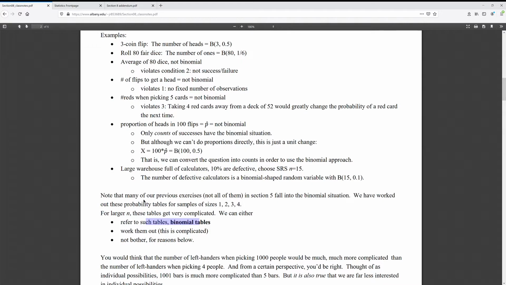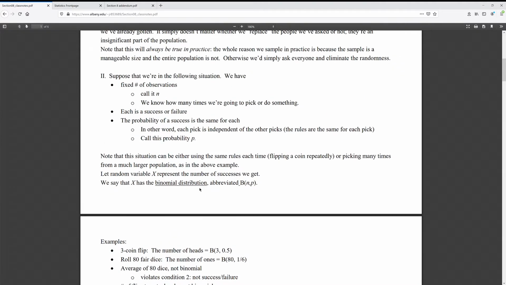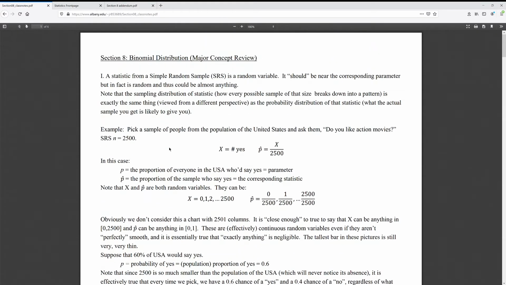So in the end, although the example we've been following here is picking a sample of people from the population of the United States, pick 2,500 people, simple random sample, and ask them whether they like action movies. Well, try 2,500 factorial on your calculator and watch it laugh at you. You're just not going to be able to deal with that as a binomial distribution.